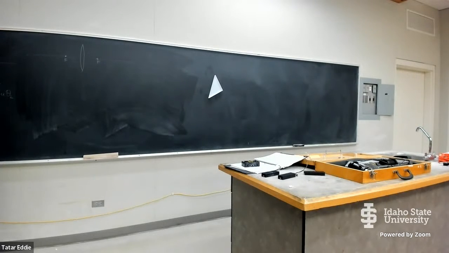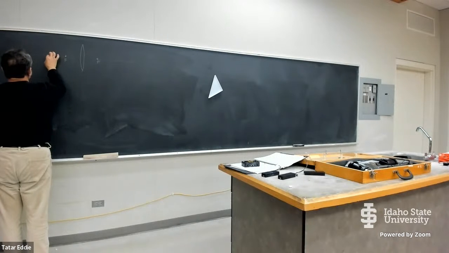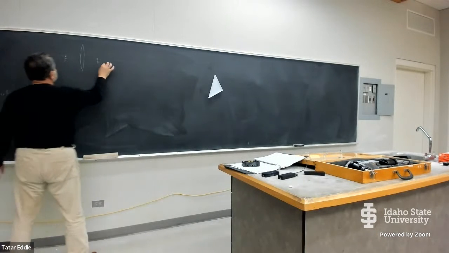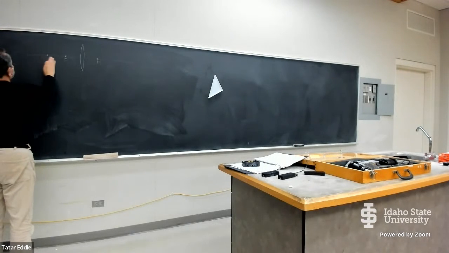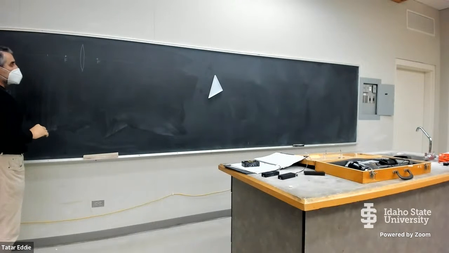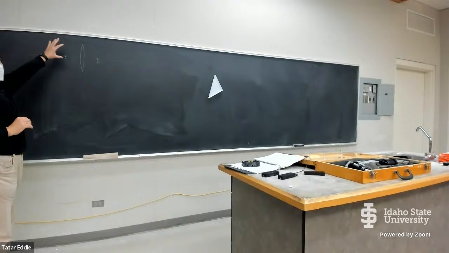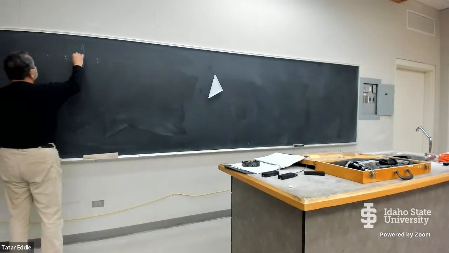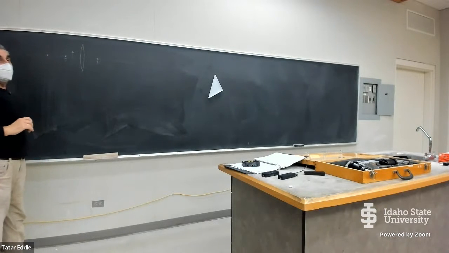Actually, if this is twice the focal length, you don't need that point for this construction, but in order to use this converging lens as a magnifying glass, you have to place your object between the focal point and the lens itself.